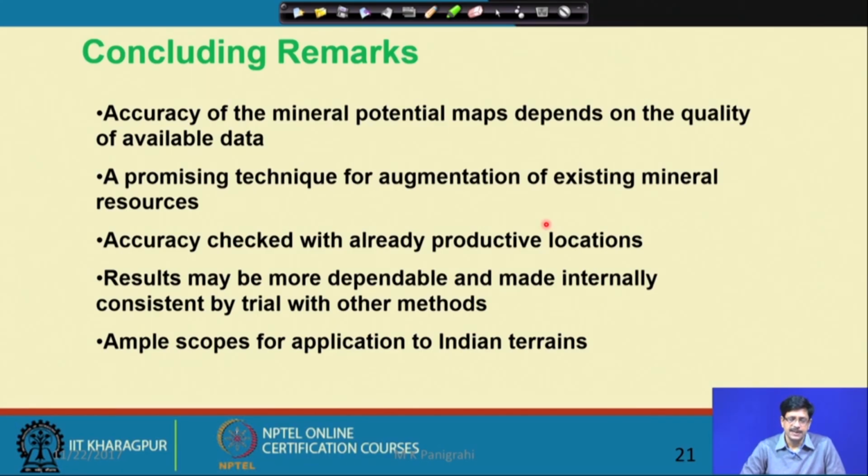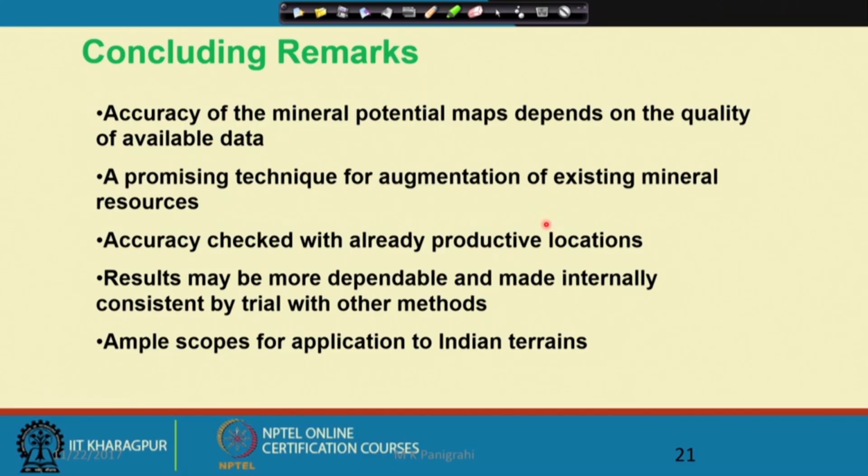But since they are being taken as input data, the accuracy of the data is very essential. These techniques are promising, and the accuracy is checked by the already productive locations, and so these methods have ample potential to be applied in the Indian situation, and they are being routinely applied in many parts of the world.